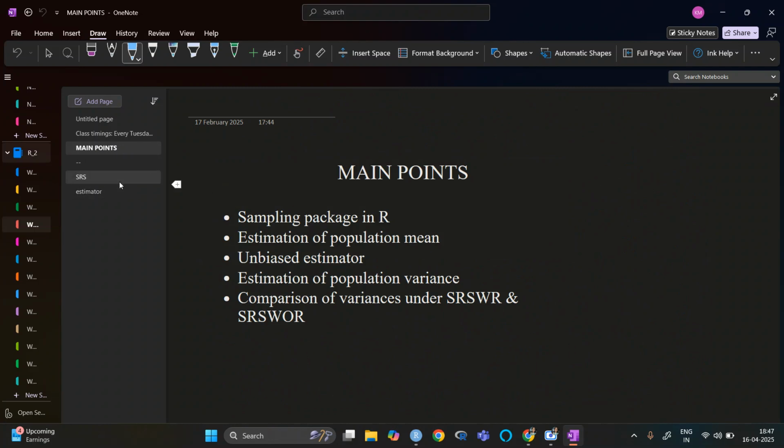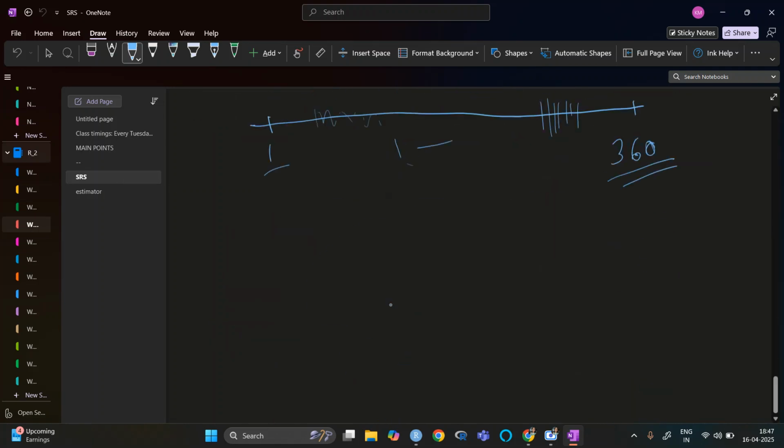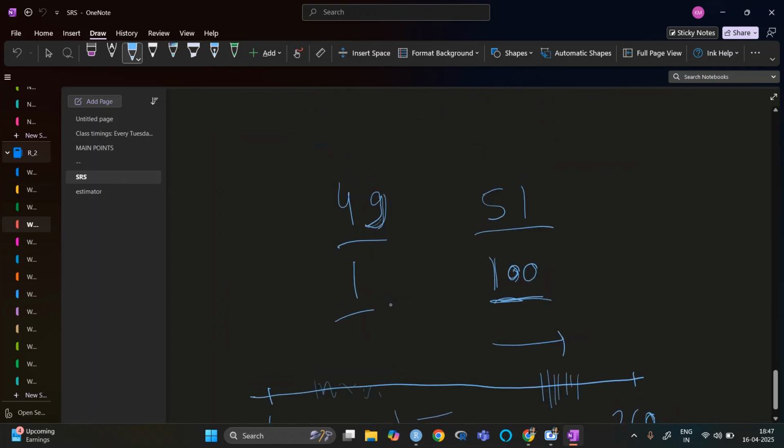So here I have shown, let's say you have two examples. Not 1 and 100, but 1 and 99. If you sum the above one, it is 100 by 2, so the mean will be 50.